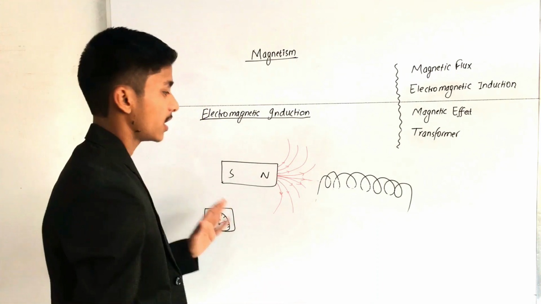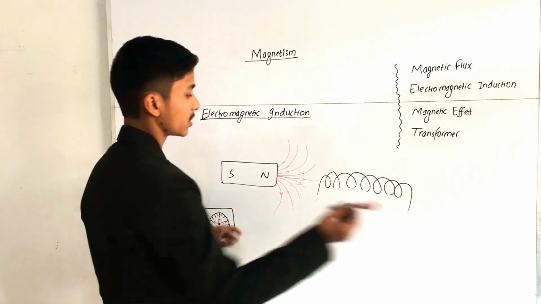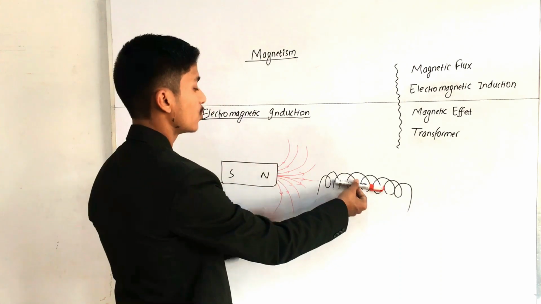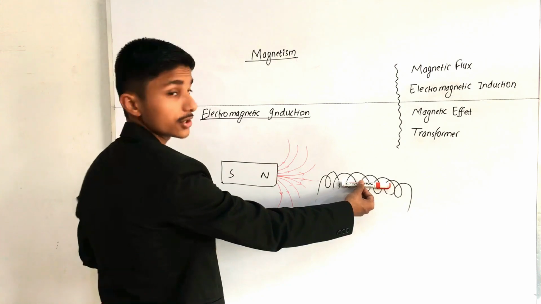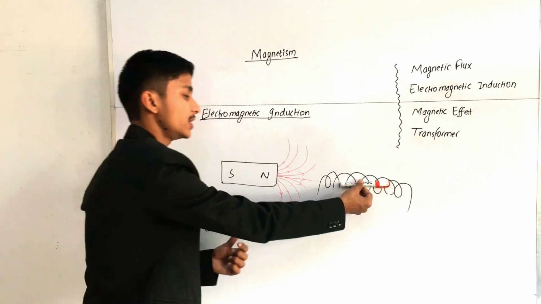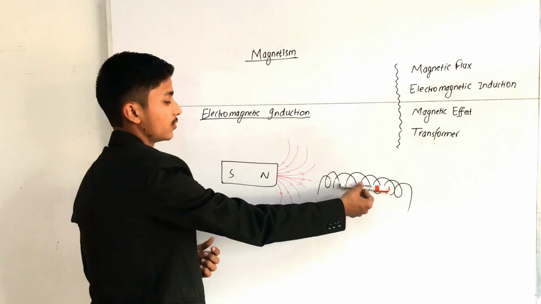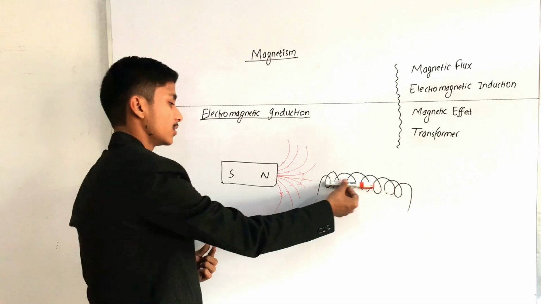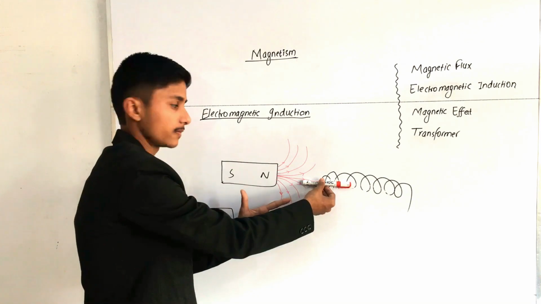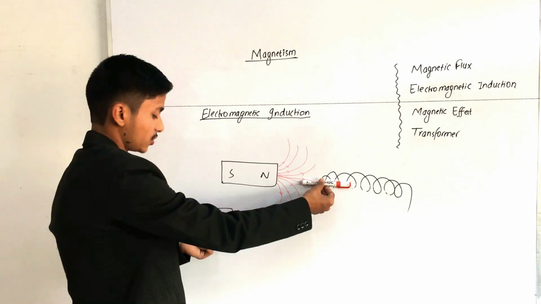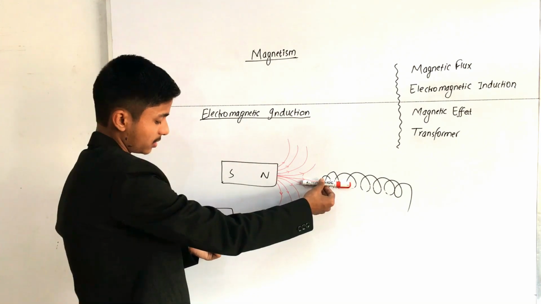What happens, once again, listen. Suppose this is a coil. When this coil is at rest, the galvanometer shows 0. And when this coil is moved toward this magnet, it changes the magnetic flux of this magnet, so it shows here on this side.